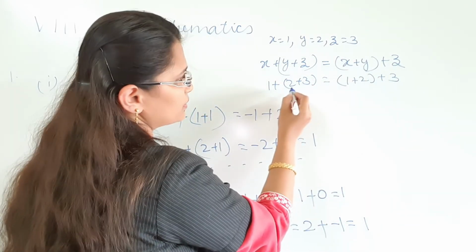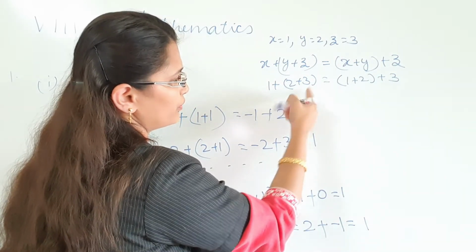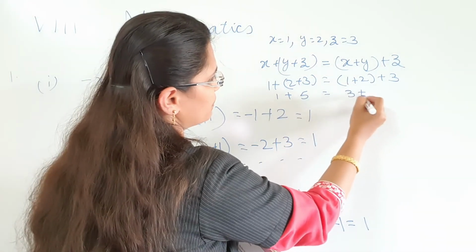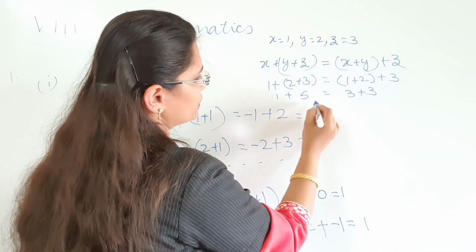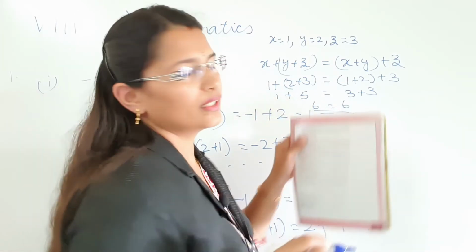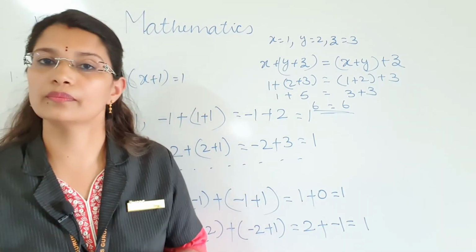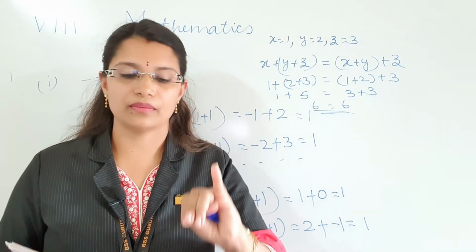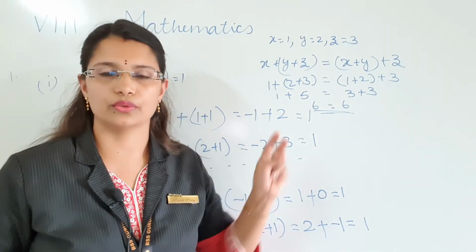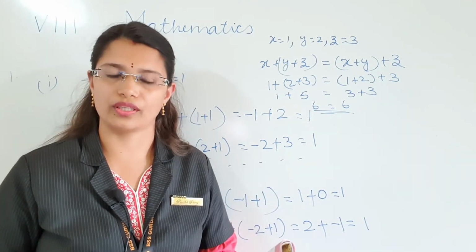So, 2 plus 3 is equal to 5, 1 plus 5 is equal to 3 plus 3, that is 6 is equal to 6. Okay. Like this you have to try with other positive numbers, negative numbers and 0. Okay. So, this also do it as homework.